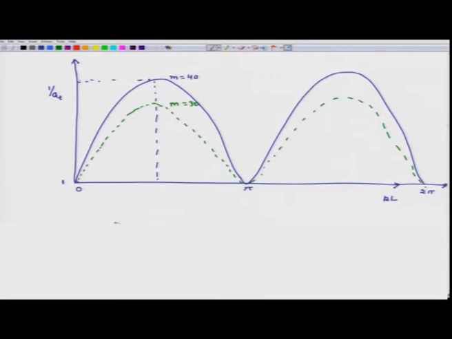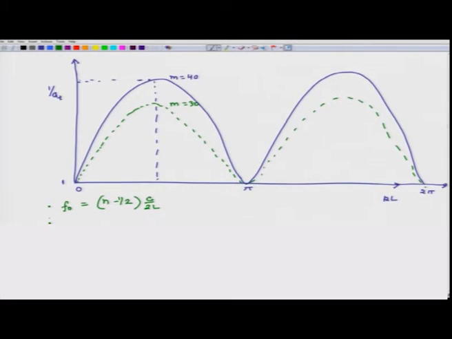Okay. So, now that we have developed this graph, I would like to reiterate that the frequency at which this 1 over AT term gets maximized corresponds to f naught, and that is equal to n minus half times c over 2L. That is one conclusion we make from this graph.